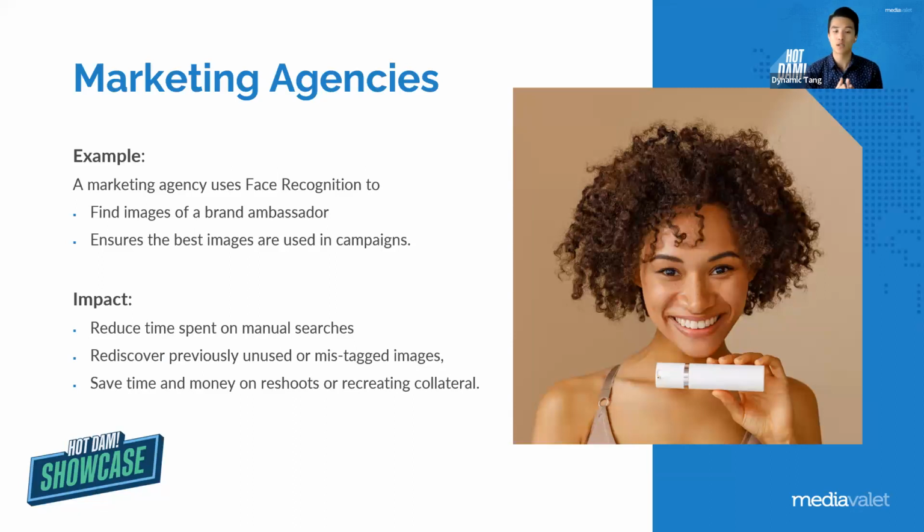They're able to easily search their entire library for those images without spending the copious amount of time digging through every folder. This reduces the time spent on manual searches and allows the agency to rediscover any unused images that can be repurposed. As well, they save time and money by not needing to reshoot those photos since they're not lost.